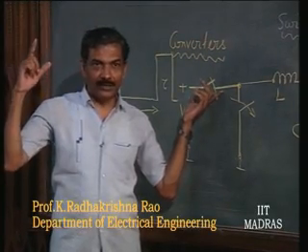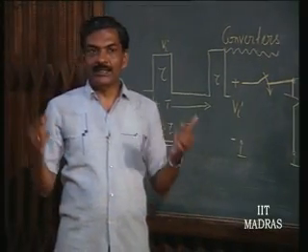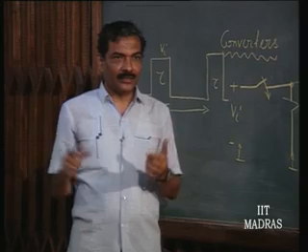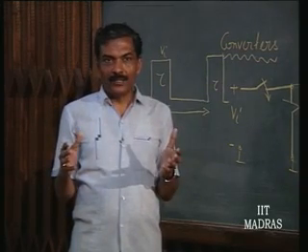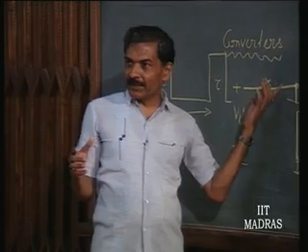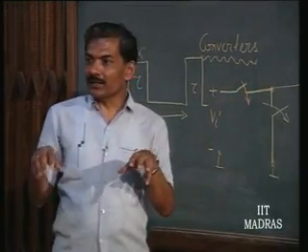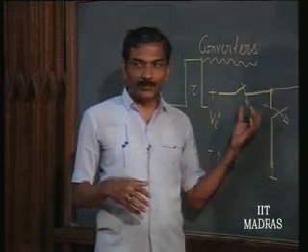When this diode or transistor is on, the power dissipated is VCE sat into I naught, whatever current is flowing through it. And when it is off, whatever voltage is coming across it into the leakage current, which is going to be very small normally. So these switches also dissipate power.